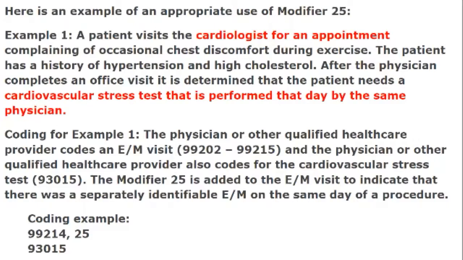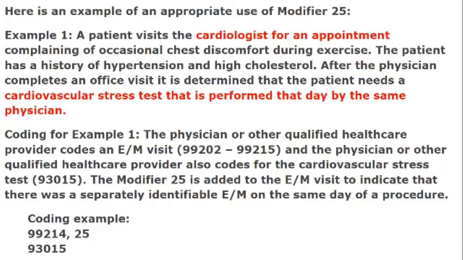So let's just slip on down to the coding example: 99214, 25. That 99214 is an example of an evaluation and management code. So if you were going to code this, you would say 99214, that's the office visit.